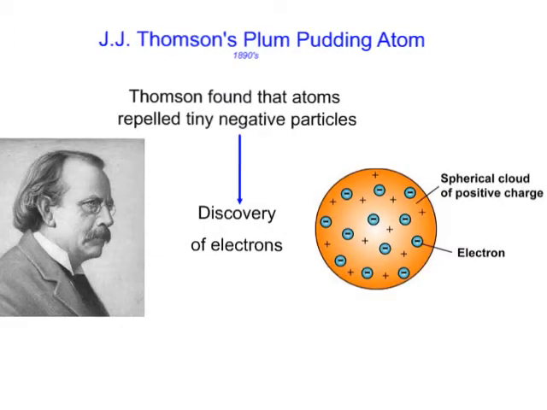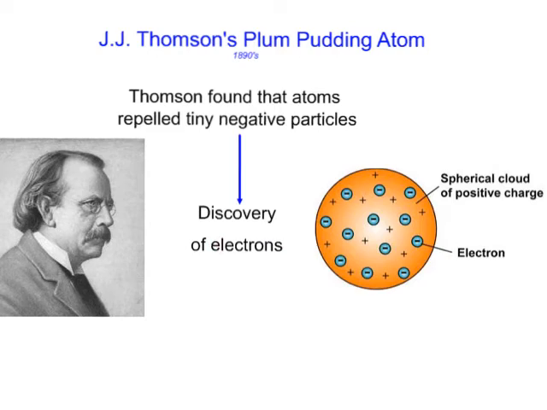J.J. Thomson is one of those, and you may have already studied his plum pudding atom. He found that atoms, any kind of atom, will repel tiny negative particles. It will also emit little tiny negative particles, and later those came to be called electrons.